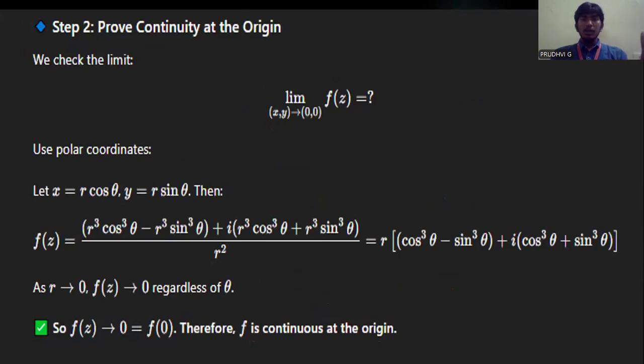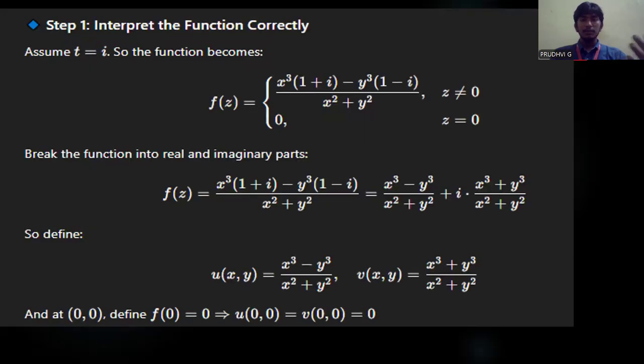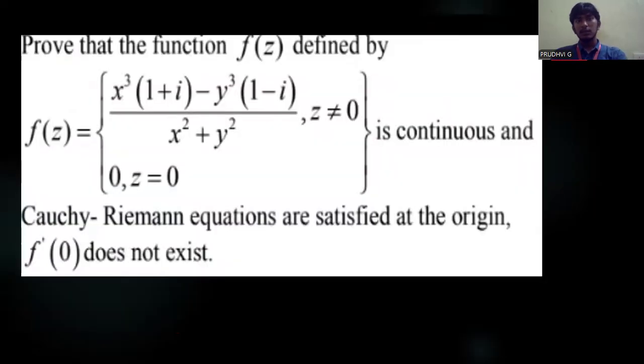By using the polar coordinates, where x equals r cos theta and y equals r sin theta, we just need to put these values in the equation. We have the first one, f of z equals x cube into 1 plus iota minus y cube into 1 minus iota, divided by x square plus y square.